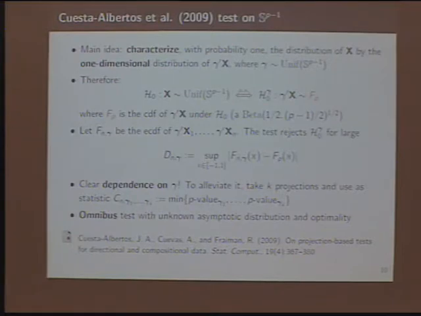And then, for example, you can do Kolmogorov-Smirnov for a particular gamma direction that was chosen randomly, and of course this has dependence on gamma, so a proper way of trying to alleviate this is by choosing several gammas, then trying to aggregate somehow all those results by, for example, taking the minimum of all those p-values, and that gives you another test statistic that can be calibrated by Monte Carlo, and well, there you don't know the asymptotic distribution or optimalities, but you can see that this is omnibus.